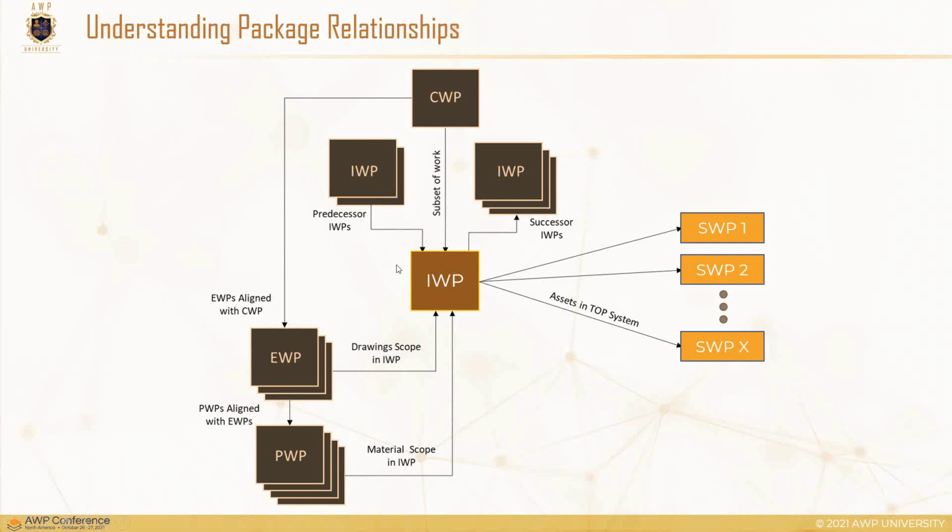What I mean by gravity is if you need to install a spool at elevation before you can attach the next spool at the 10-foot level, obviously gravity dictates there's a predecessor IWP and a successor IWP. Obviously, we're going to build to support from the ground up. So predecessor and successor IWPs, that's more from an execution requirement, if you will.